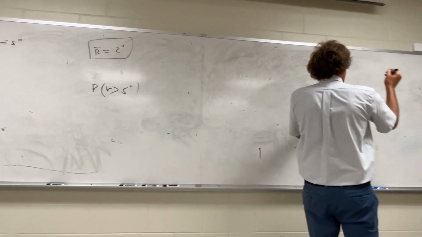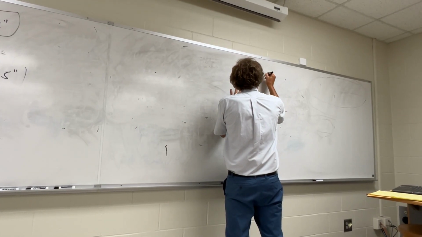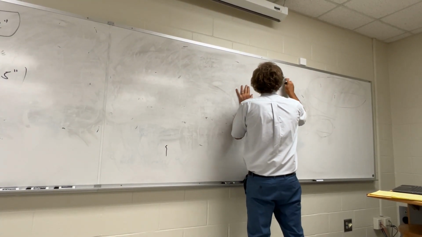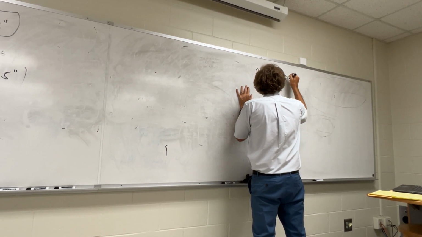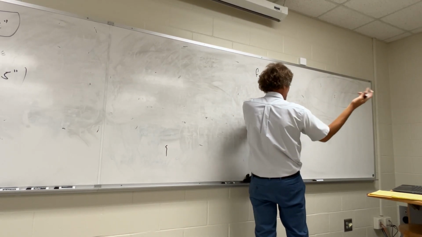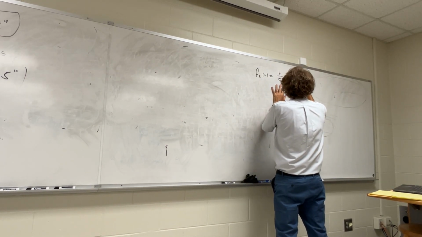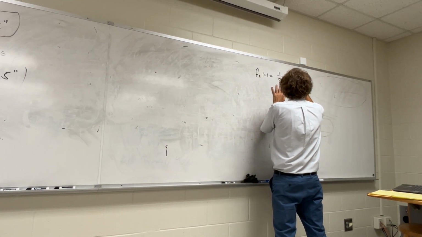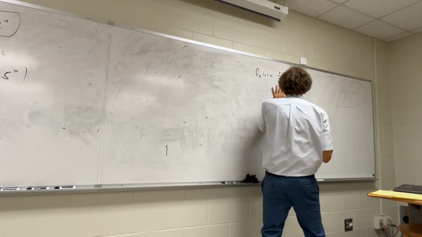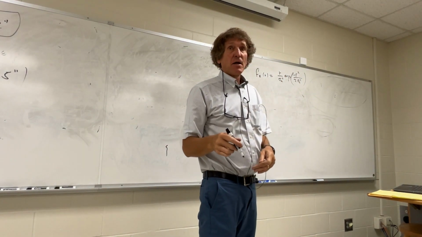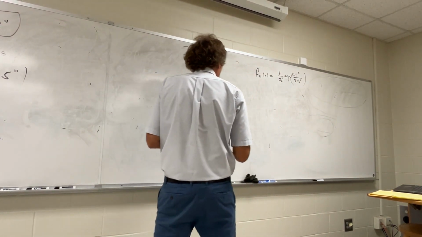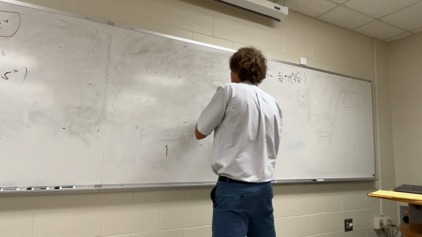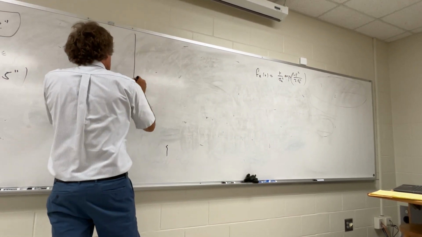Remember, the density function for the Rayleigh distribution is equal to r over sigma x squared times exp of minus r squared over 2 sigma x squared, which has to do with the Gaussian. Now, just work with me here. If I take a look at this distribution, it looks like this.